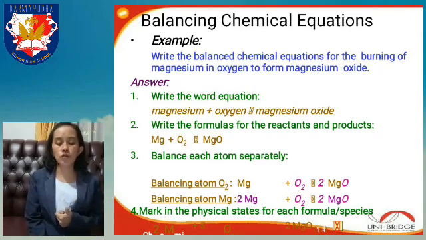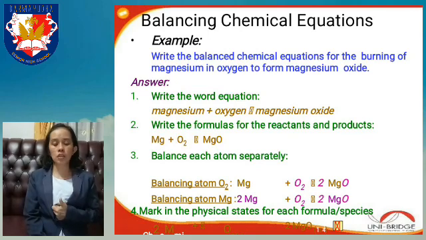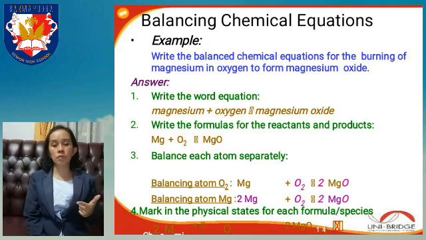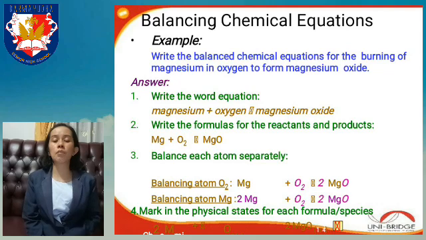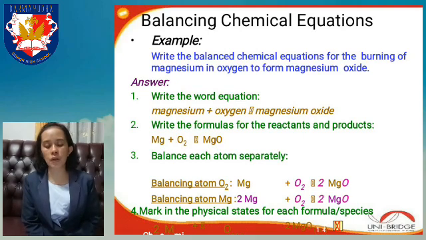The first one, you need to write down the word equation. Here, magnesium plus oxygen to be magnesium oxide. The second one, you need to write down the chemical formula for each reactant and also product. Magnesium becomes Mg plus oxygen becomes O2 to be magnesium oxide becomes MgO. Then, third, you need to balance each atom separately.